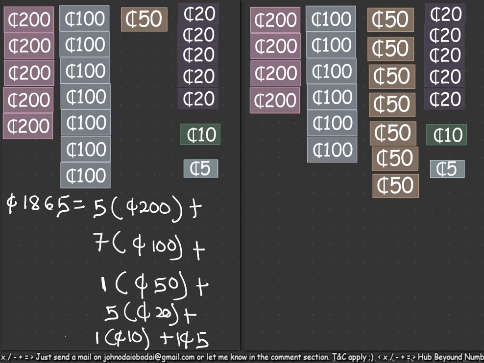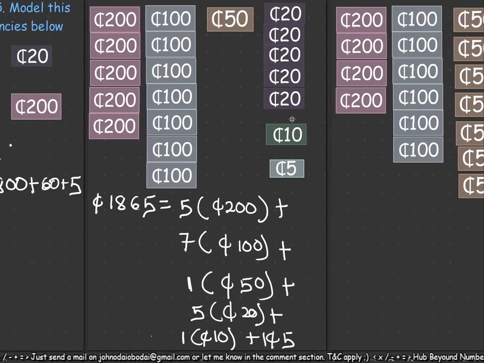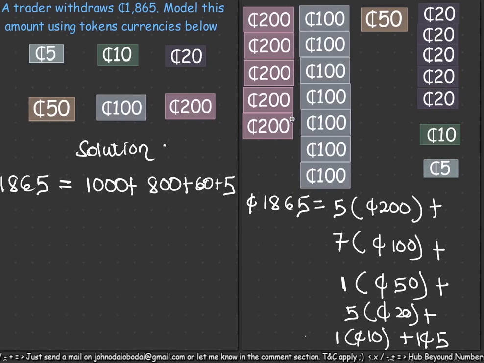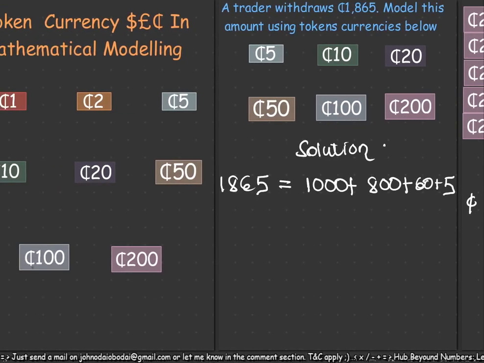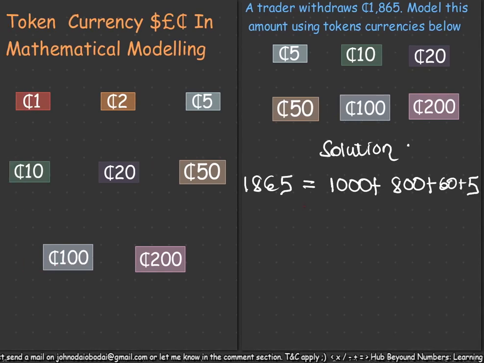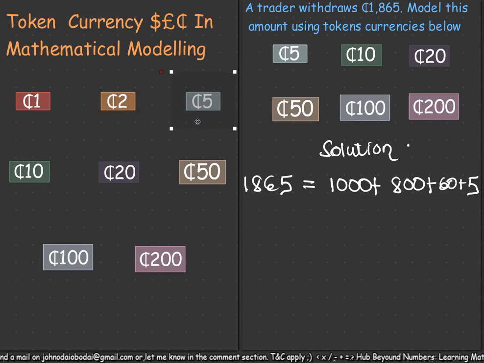You see, so basically all we are talking about here is how to write up tokens, how to use money or token currencies in mathematical modeling. Now, with respect to this lesson, we consider just 5 cedis, 10, 20, 50, and also 100 and then 200 cedis.